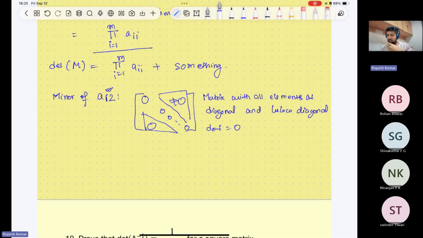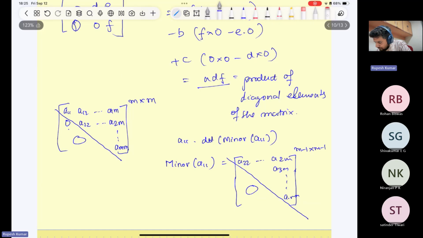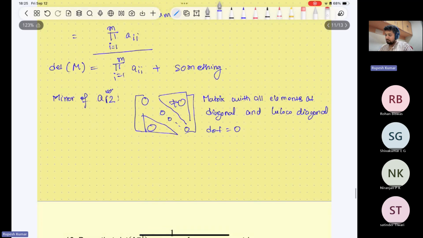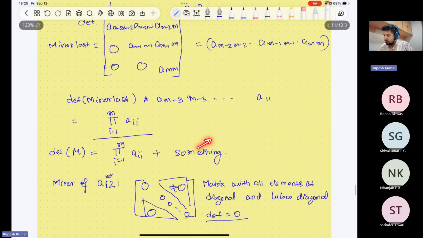There might be a case that some diagonal elements are not 0, but the first diagonal element itself is 0, so you will get a 0 entry. So the determinant will be 0 for this, and eventually you can see this for any general entry of the first row. For all these entries, the determinant of the minor will be 0.